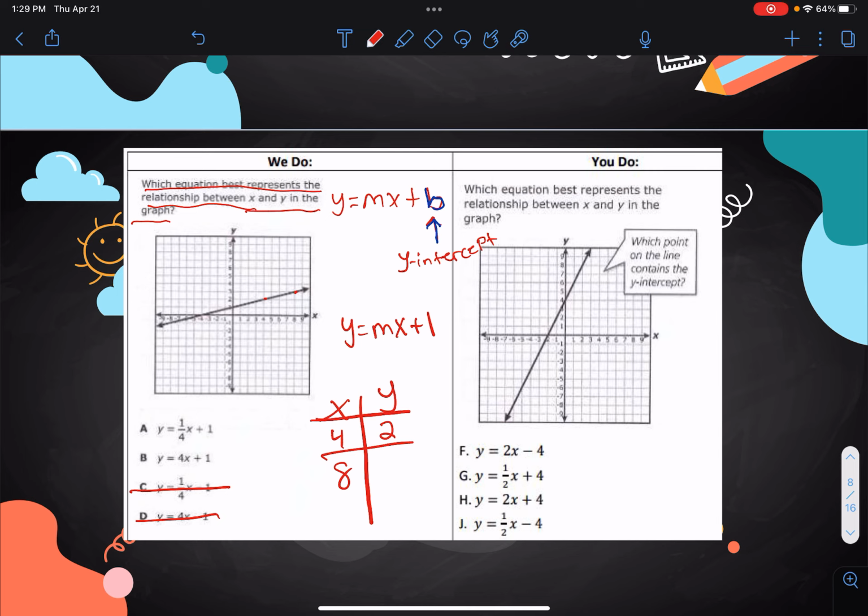Hold on, let me make sure I look at this correctly. So that's 1, 2, 3, 4, 5, 6, 7, 8, and that's 2.